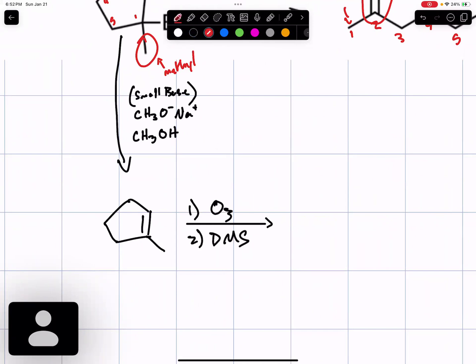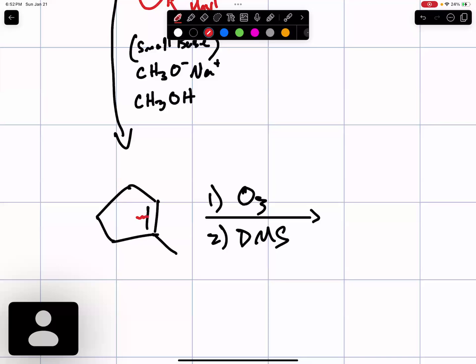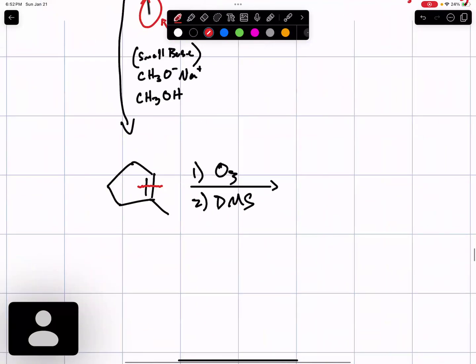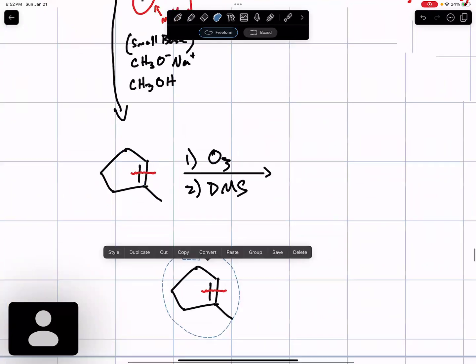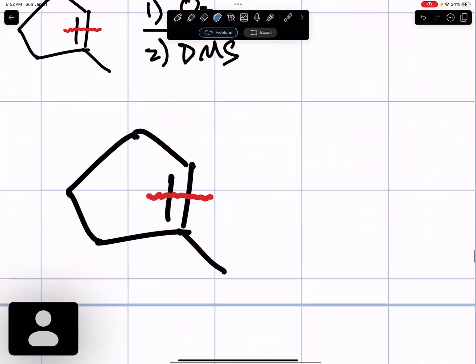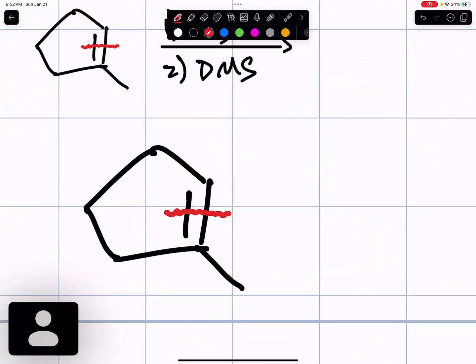We break the alkene. And wherever we break the alkene, we're going to form a carbonyl, right? So let me just copy this, duplicate, and make this a little bit bigger so you can see. If we break that alkene, this is what's going to happen.